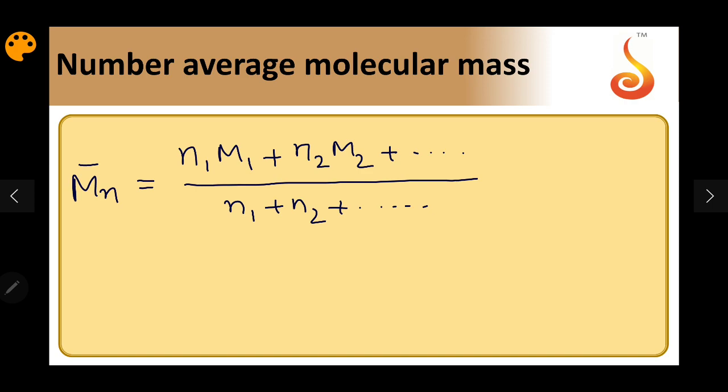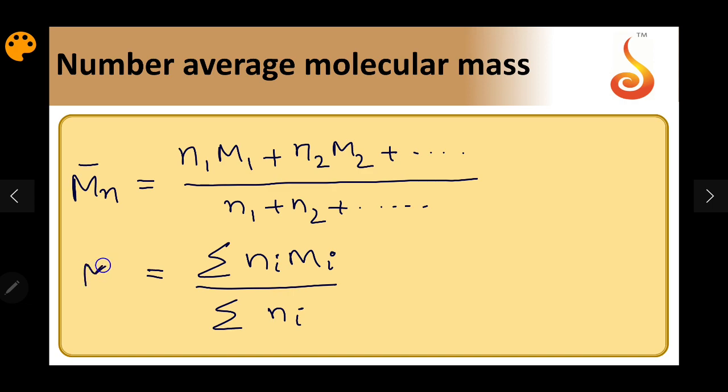So I can write this as sigma ni mi whole divided by sigma ni, that is Mn bar.